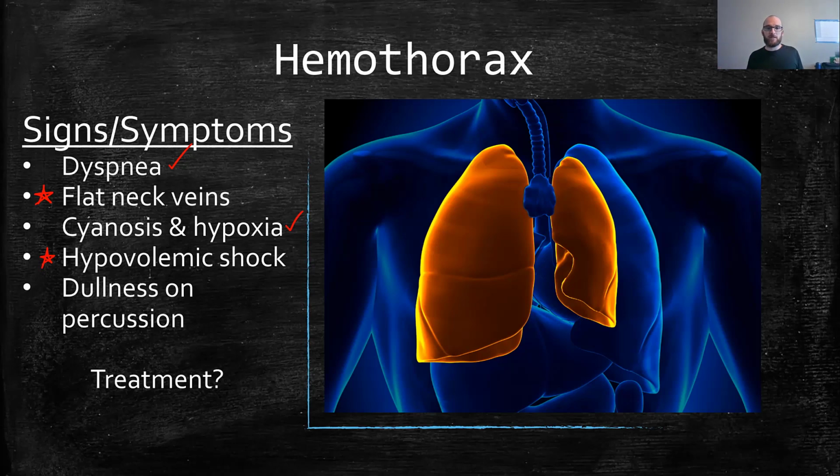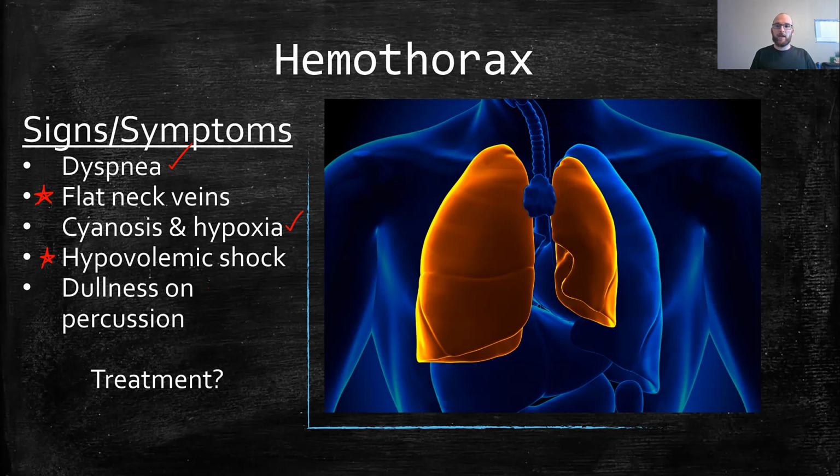Hemothorax, when you think about it as a significant, potentially massive internal bleed, we're seeing some hypovolemic shock signs and symptoms. We see flattened jugular veins because they've been bleeding out into their thoracic cavity. So JVD, pressure building up, is tension pneumothorax. Flat neck veins is they're bleeding out. There's less blood in those pipes. And so the flat neck veins is going to be one of the helpful ones for us.